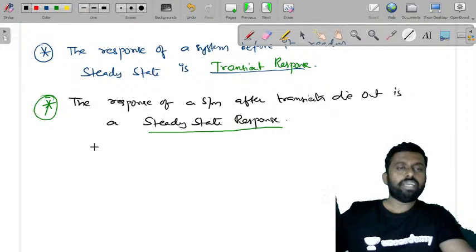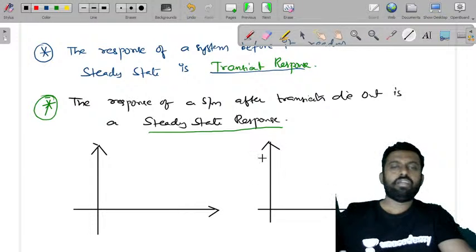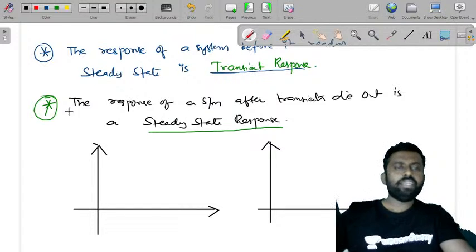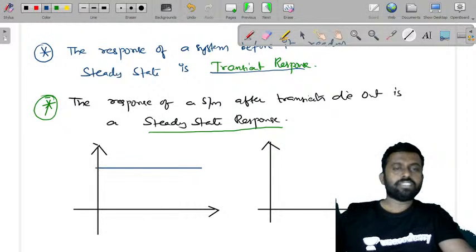Let me draw that. In practice, the transient response, to be specific, can be exponential. Let us say I'm giving some input as this.